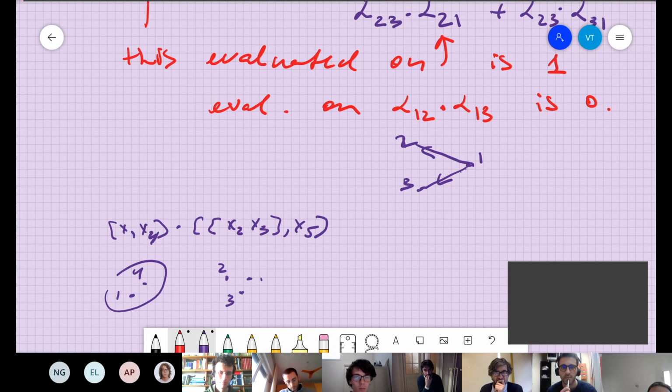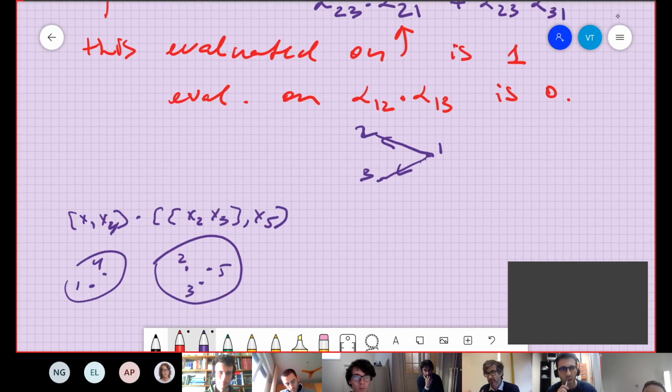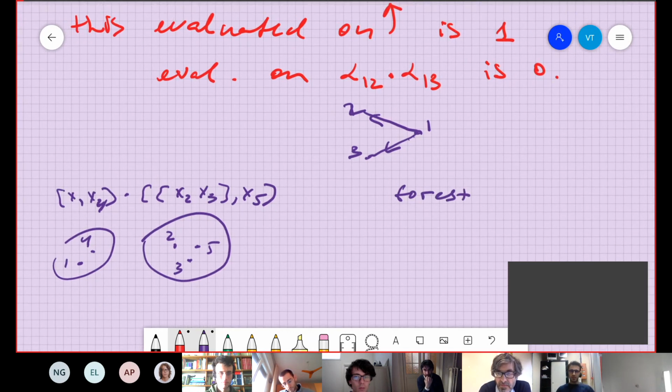The same happens for forests. If you have a forest, your graph partitions your set of points into connected components, and we need a forest which is partitioned the same way. The product is mapped to disjoint union.